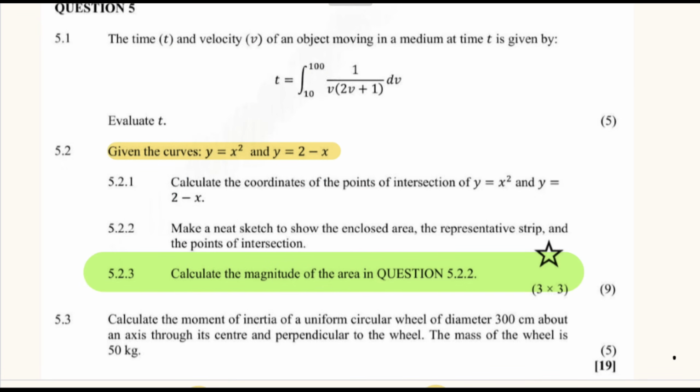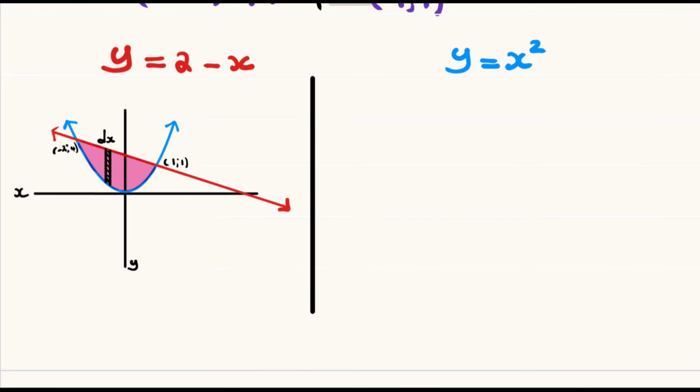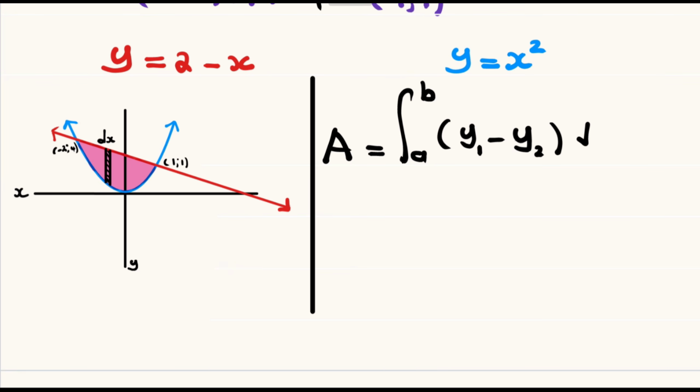Question 5.2.3, we calculate the magnitude of the area in question 5.2.2. So the formula for area available in the formula sheet, we have area is equal the integral from the point A to the point B of y1 minus y2. Sometimes they say y2 minus y1. Point A will be where the enclosed area starts.